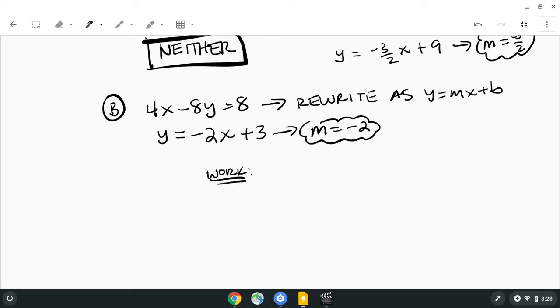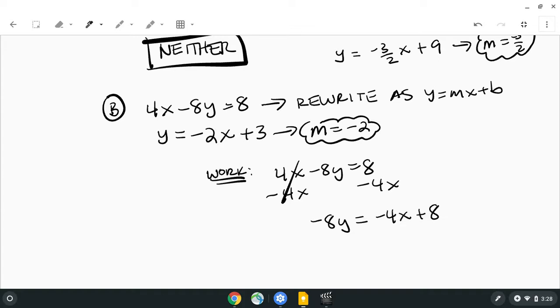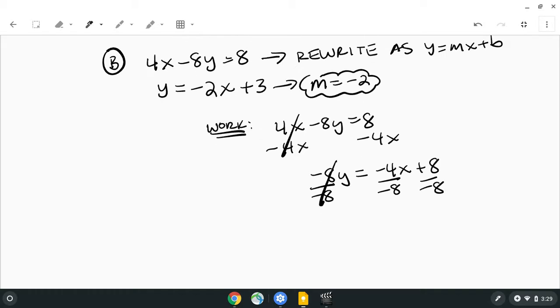Okay, so 4x minus 8y equals 8. So I need to solve for y, so I'm going to subtract 4x on both sides. Okay, so I get -8y equals -4x plus 8. Okay, now I'm going to divide everything by -8. Everything.